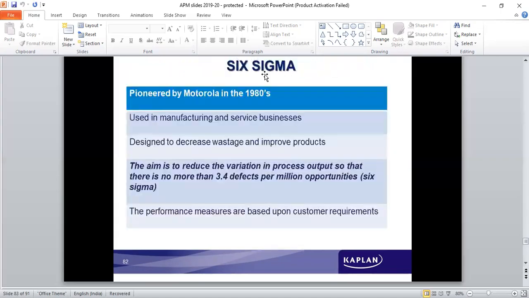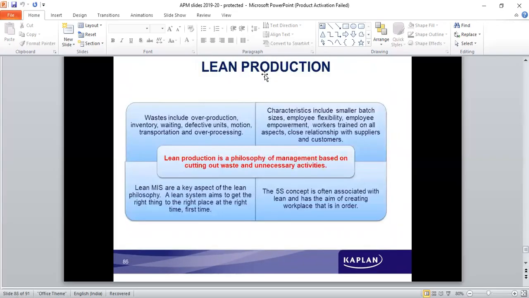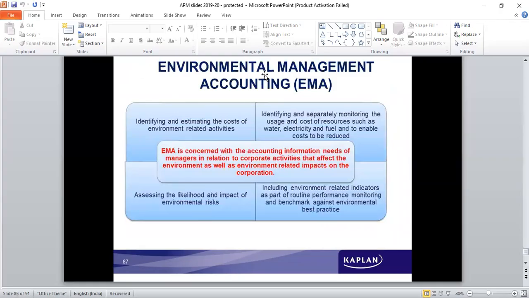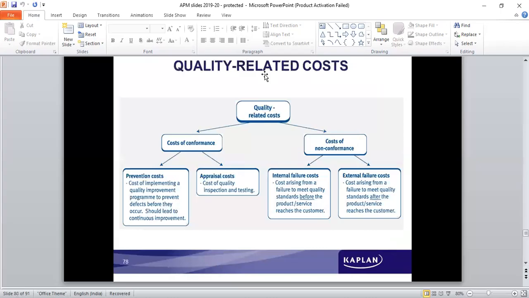Then JIT can be implemented, target costing, lean production. These are the other areas which can be implemented. So suggest, each one of you, one method and how it can be implemented. If you can talk about it, we can include it in the answer.